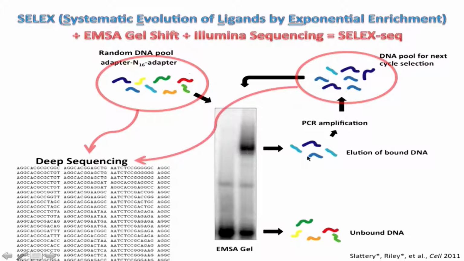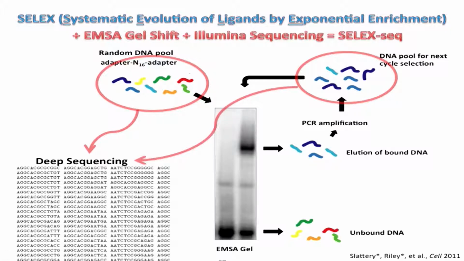Since we care about this one, we elute it out and PCR amplify, and this becomes the library after one round. Then we use this library to repeat the procedure again, and that becomes round 2 and round 3, and so on.